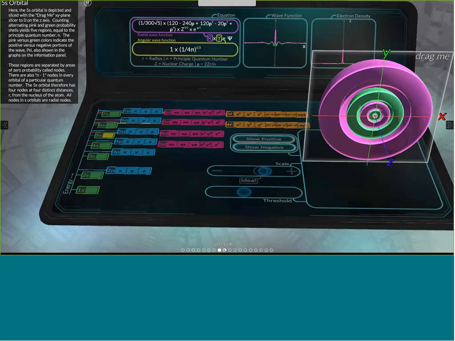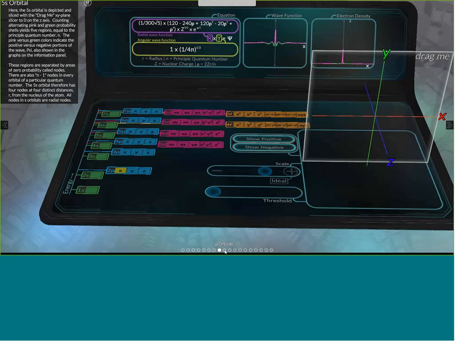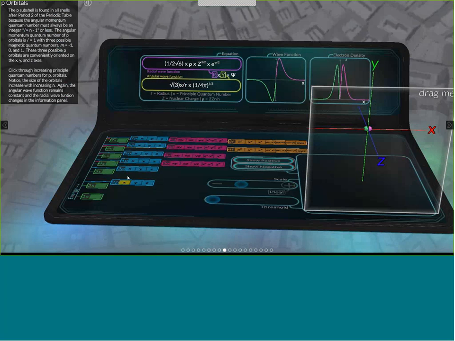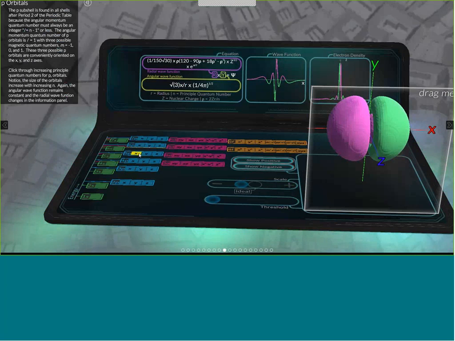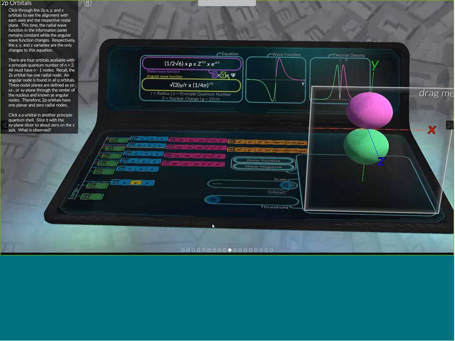Next, students learn about p orbitals, and again, just like the s orbitals, as you increase in principal quantum number, the probability of finding the electron is further and further from the nucleus. Students also learn that the p orbitals all have one planar node, and this is a non-radial node.